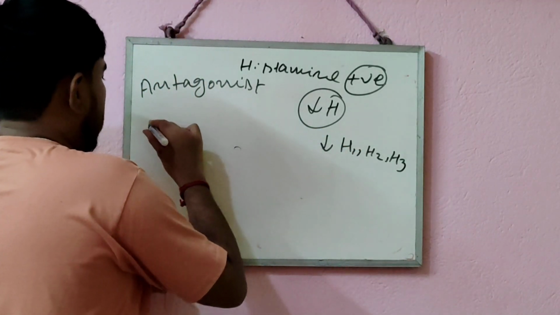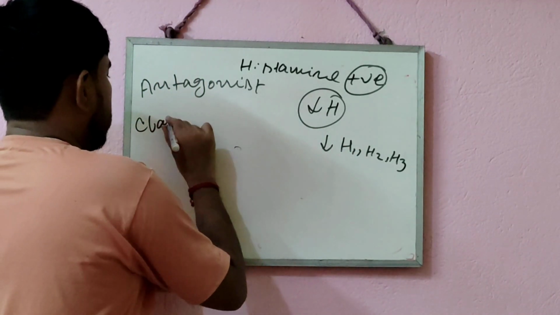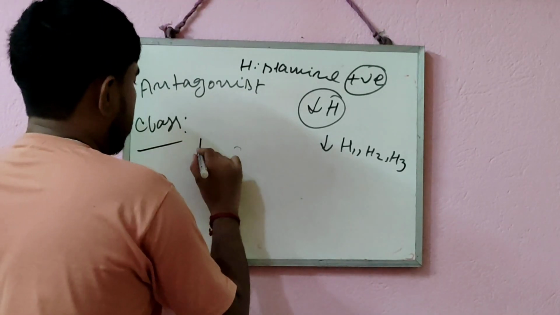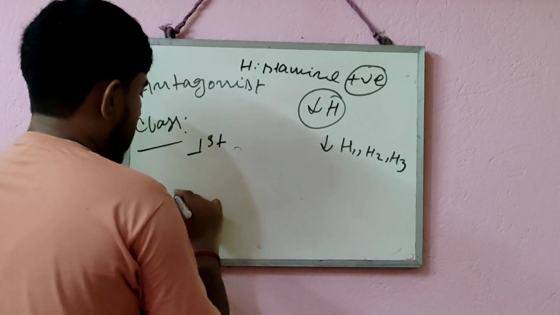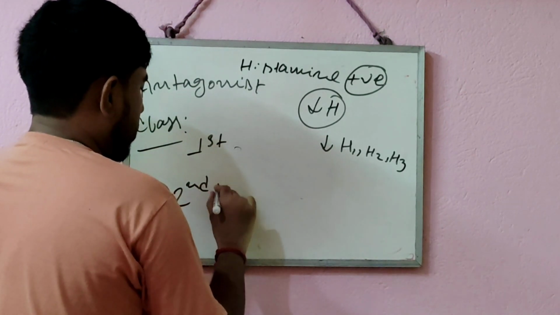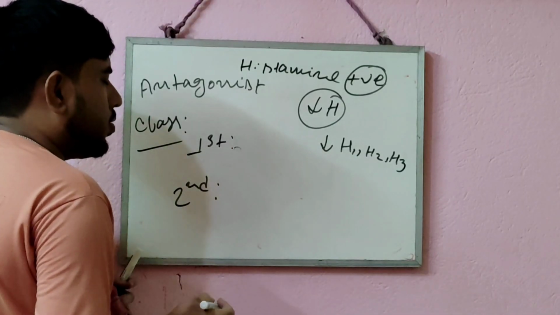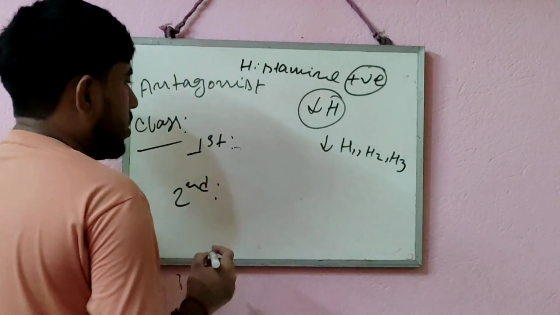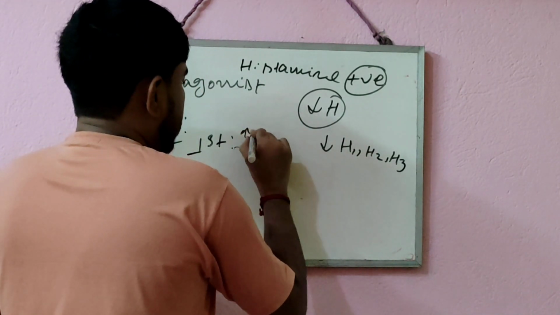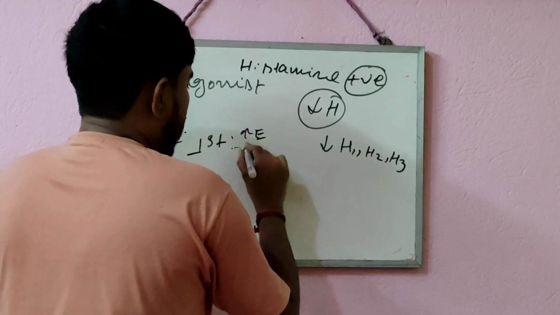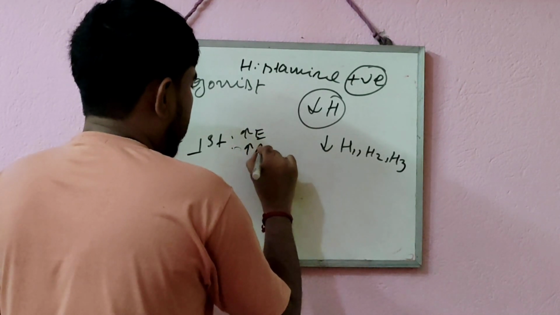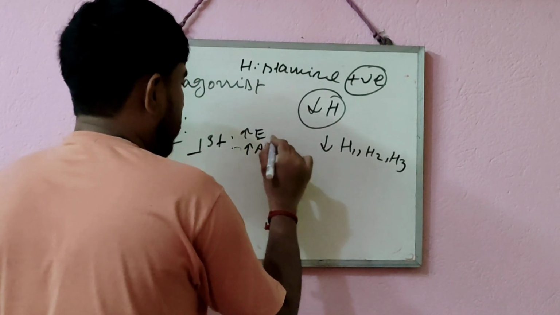These drugs are classified in two parts: first generation drugs and second generation drugs. How does that generation come about? First generation means the effectiveness is a little high, but adverse effects are also present together.